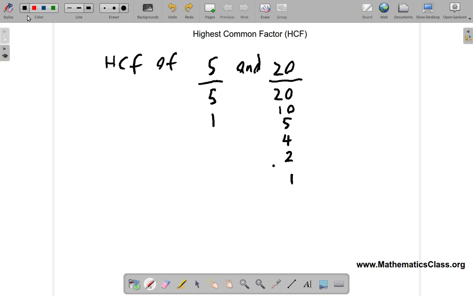The common factors here are 1, it's common to both, and 5, it's common to both. What's the highest? Of course, as you can see, the HCF is equal to 5. The HCF of 5 and 20 is equal to 5. The highest common factor of 5 and 20 is 5.